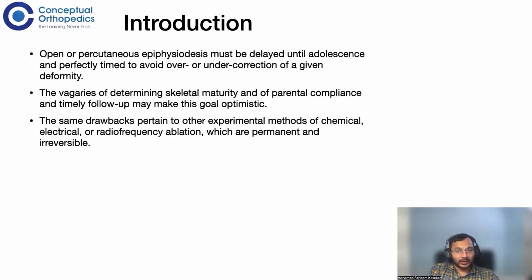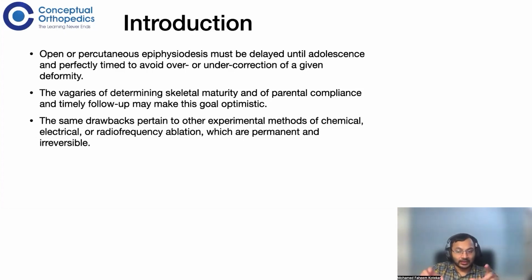Because this was not reversible, open or percutaneous epiphysiodesis had to be delayed until the child was an adolescent, because you had to perfectly time the remaining growth at the physis. If you do it too early, the deformity can overcorrect, and if you do it too late, the deformity can undercorrect.